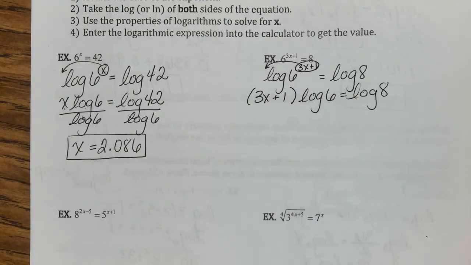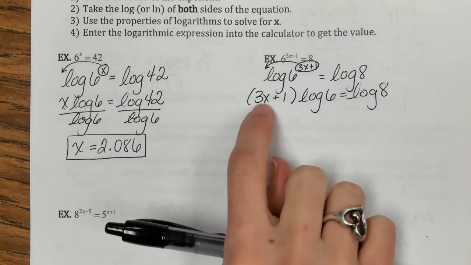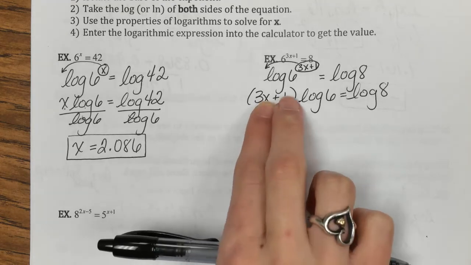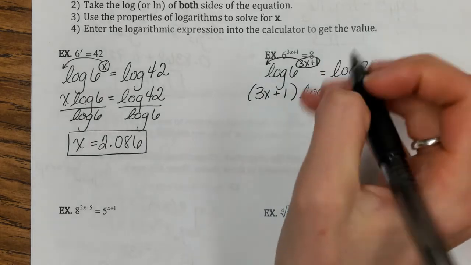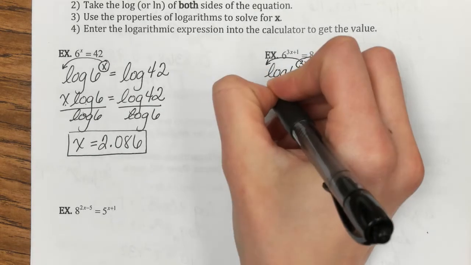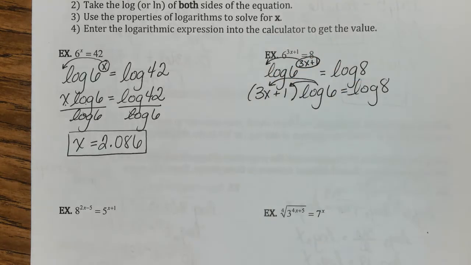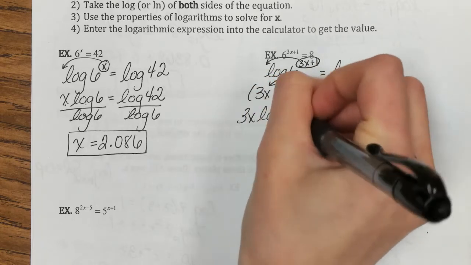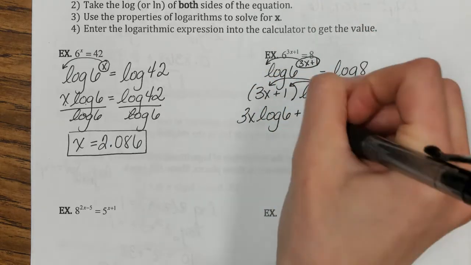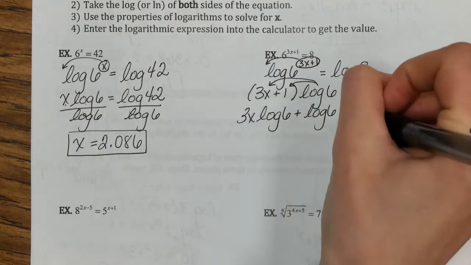When you have more than one term in your exponent, you need to put it in parentheses when you put it out front, because I can't just separate 3x and 1. So what's going to happen is you're going to take this log of 6 and distribute it to what's in parentheses. So I'm going to have 3x log of 6 plus just a 1 log of 6 equals log of 8.